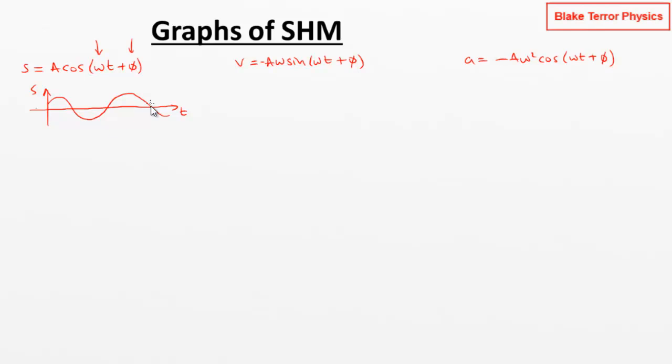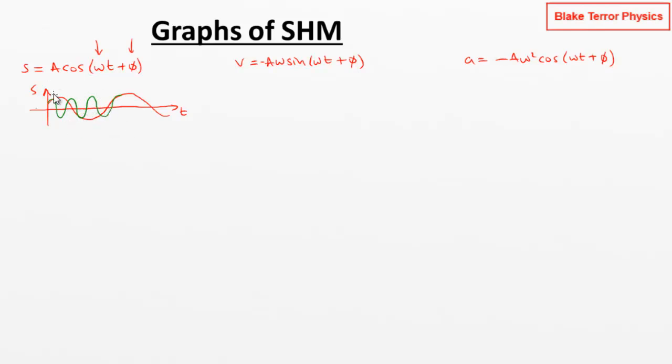So omega is telling us how tightly packed all of this is. If we increase omega, and this is thinking of your transformations of graphs, we still have the same amplitude, but we'll be going through oscillations a lot quicker. So that's for a higher omega.